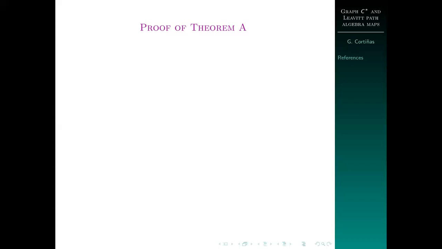Let me go over part of the proof of theorem A, namely that the map from star homomorphisms with property P between LE and LF, E and F being SPI, to the M2 homotopy classes of non-zero homomorphisms between LE and LF, that map is surjective.